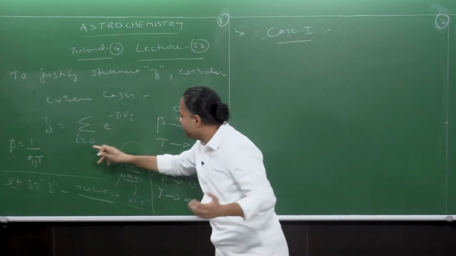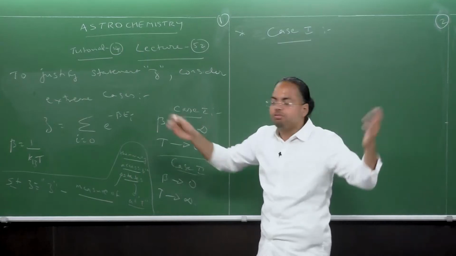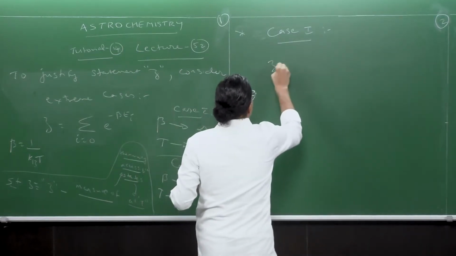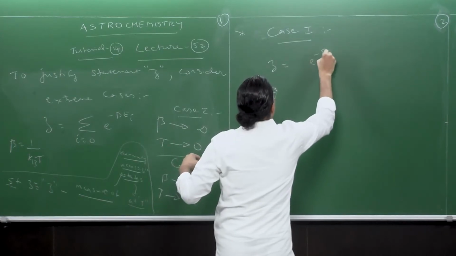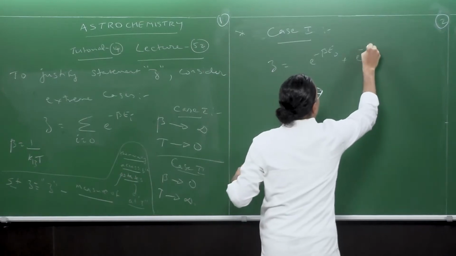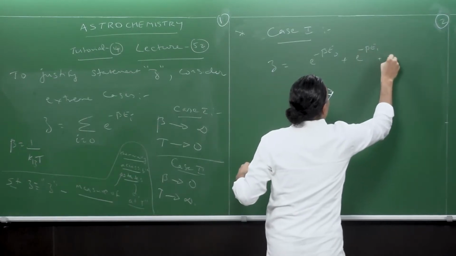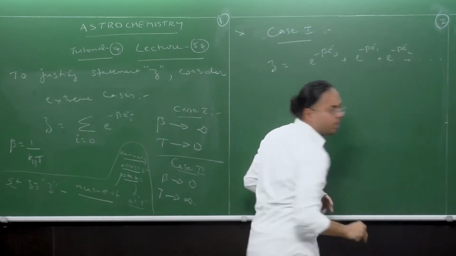Now let's expand this to just 2 or 3 terms. For example, Z is given by e to the power minus beta E naught, plus e to the power minus beta E1, plus e to the power minus beta E2, and so on.